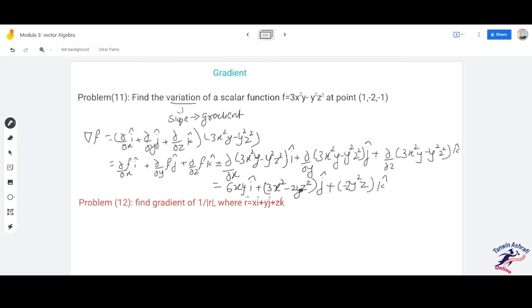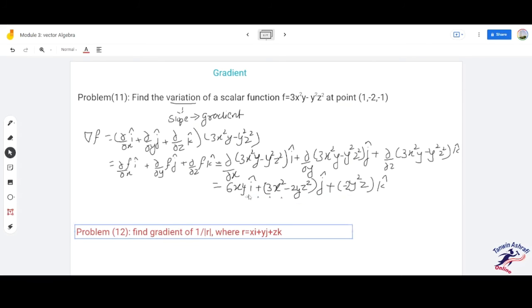Now we have to write in place of x, y and z the values 1, minus 2 and minus 1. Give me a second, I have to make the space for it.